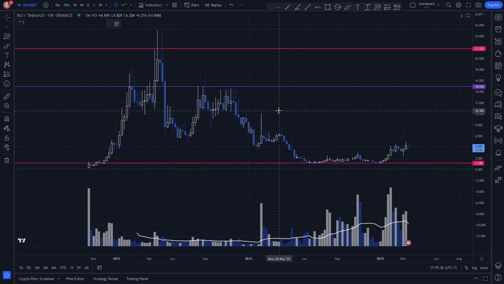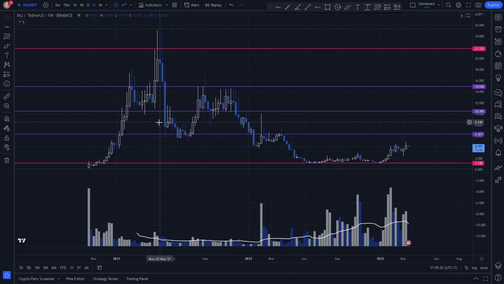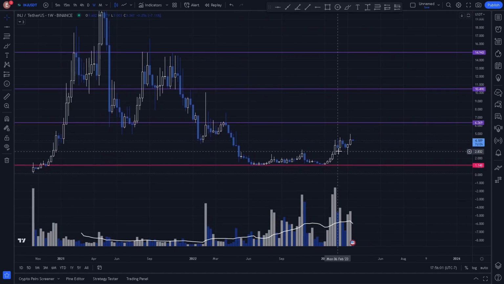Now we also notice a key level here with multiple reactions acting as support and resistance. Let's go ahead and plot a key level here where we see multiple reactions acting as support and resistance. Now, as price is coming up, we expect to see a reaction from this key level right here.